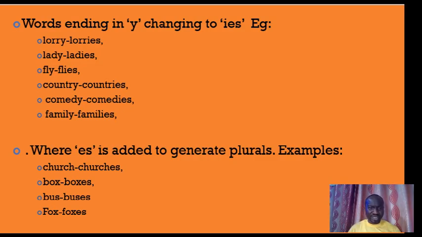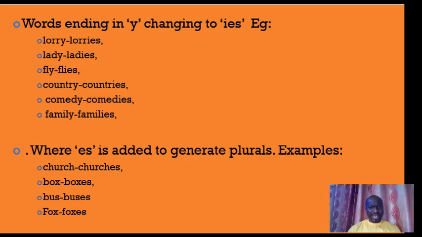We have country, we have countries. We have comedy, comedies. Family, families. But let me say that it is not in every situation that it may apply. So we have to be very careful and vigilant when it comes to these things. But mostly, that is how they form their plurals.